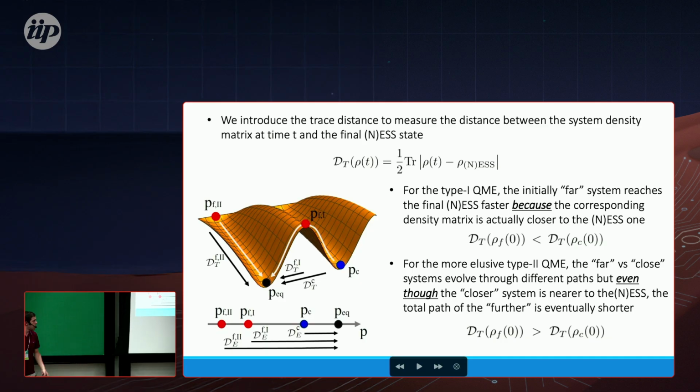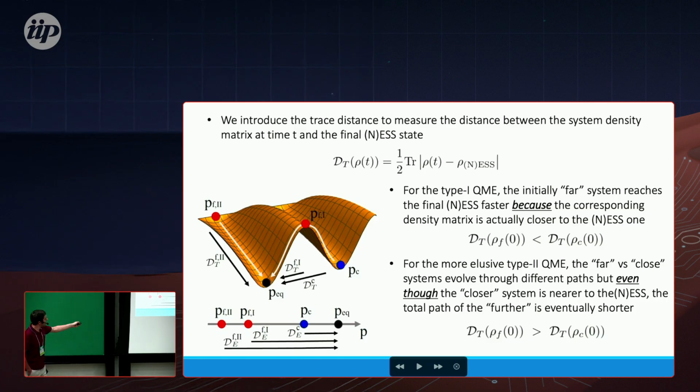And if you think, and we use again this pictorial representation by Lu and Raz of this energy landscape, we can have two kinds of cases. So let's consider some close system in parameter space. This is the post-quench parameter, this is the pre-quench parameter, and let's consider some far away system in parameter space. And let's put the corresponding steady states of these parameters in this energy landscape.